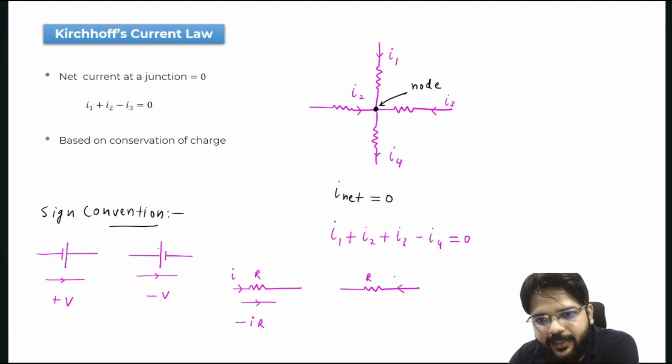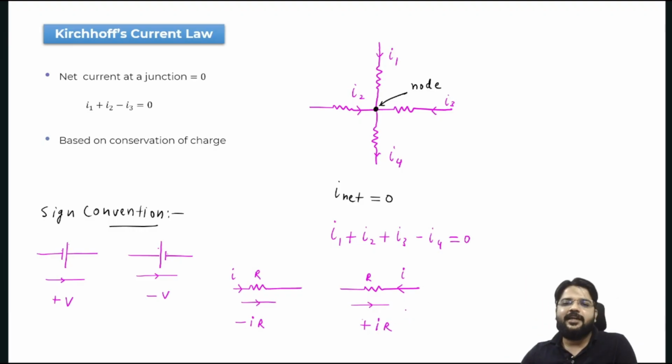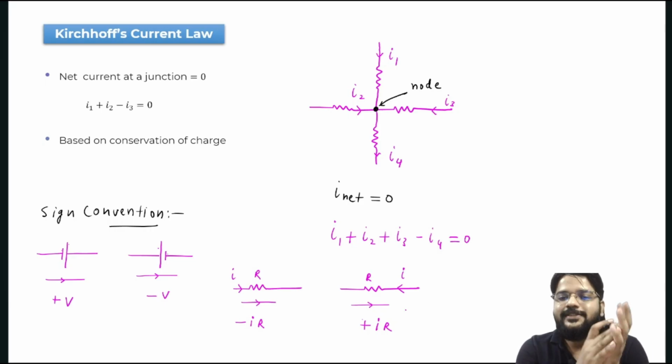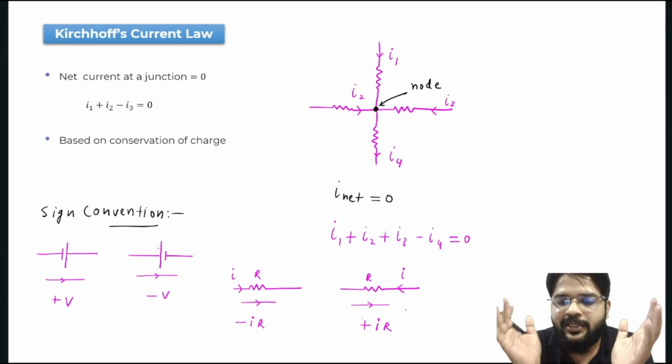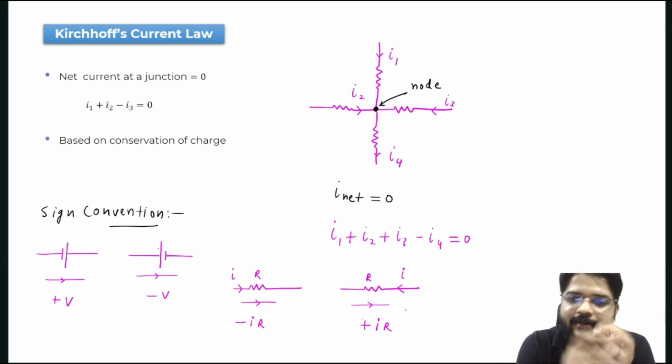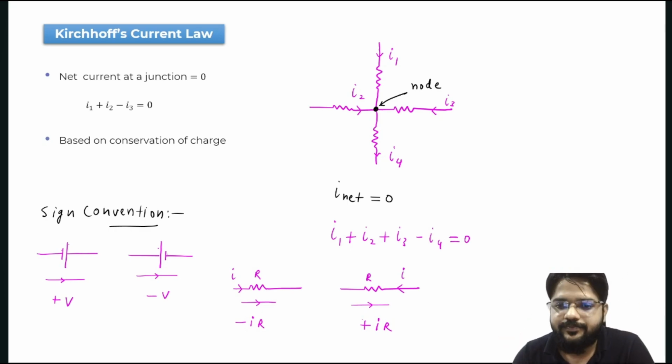Now in this case current is flowing right to left and KVL we are applying left to right. So the current and applying KVL direction is opposite, that's why we will write here plus IR. So in this case potential is increasing. So this sign convention we are assuming, correct? Same sign convention we will use in numericals also. Alright, note down everyone.